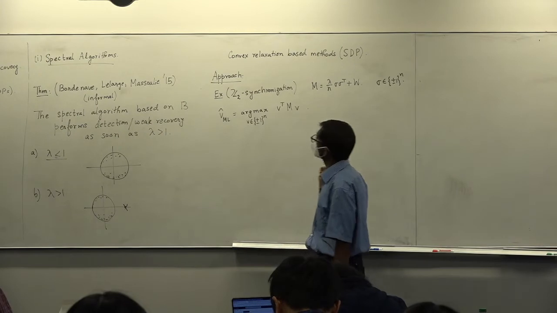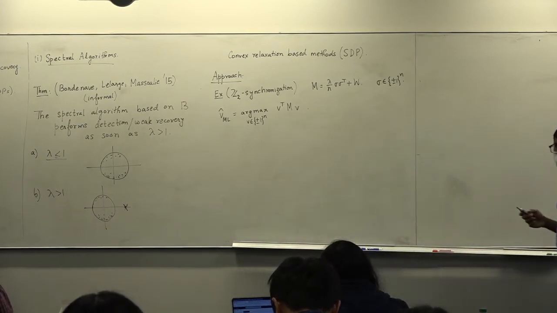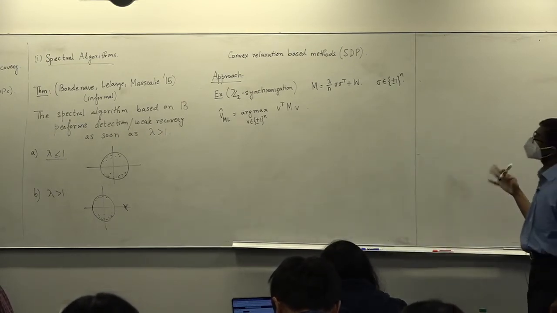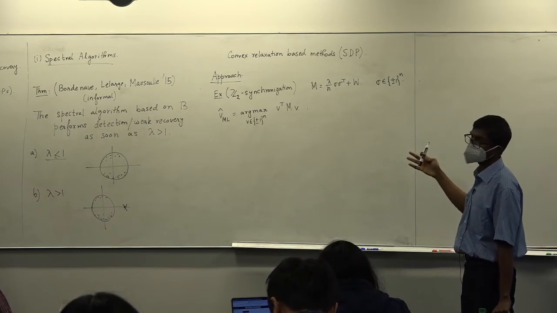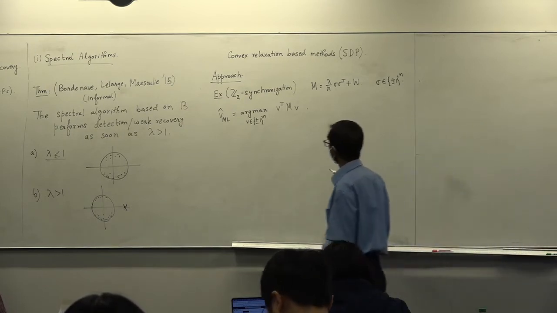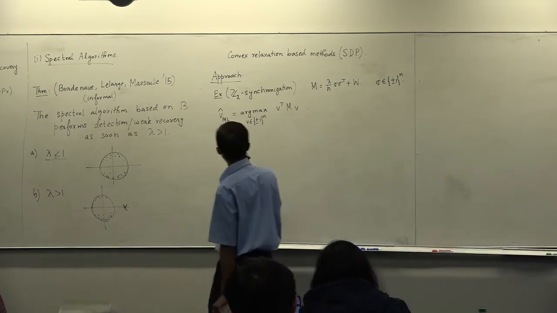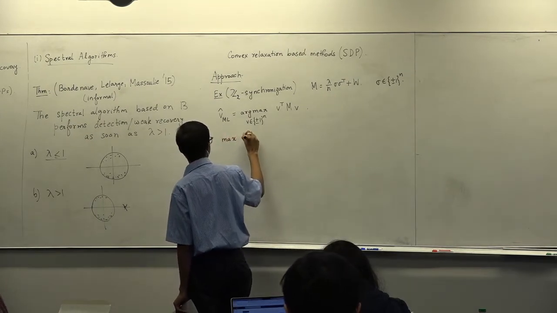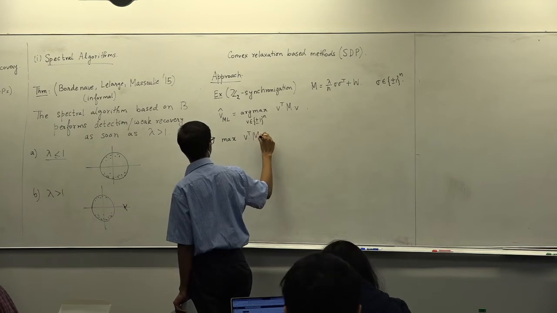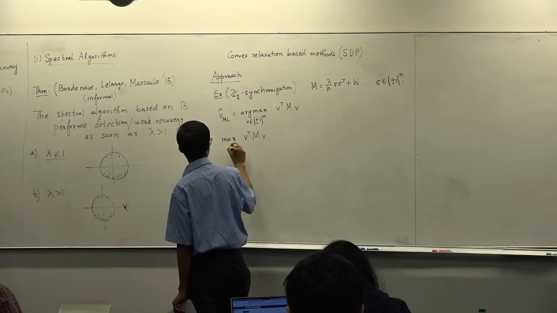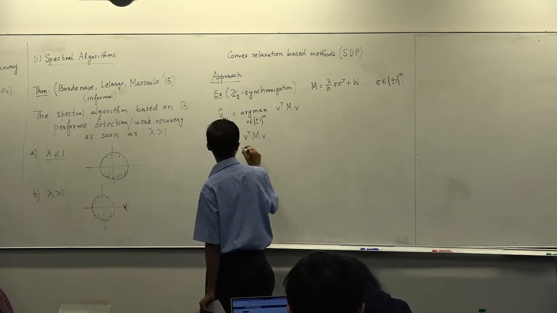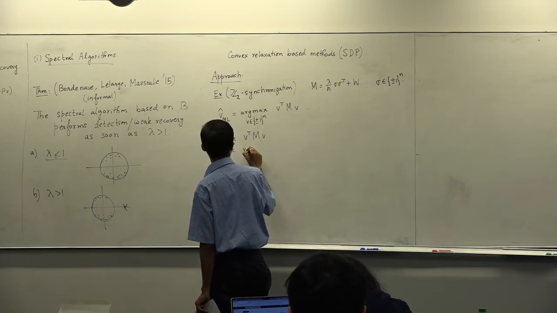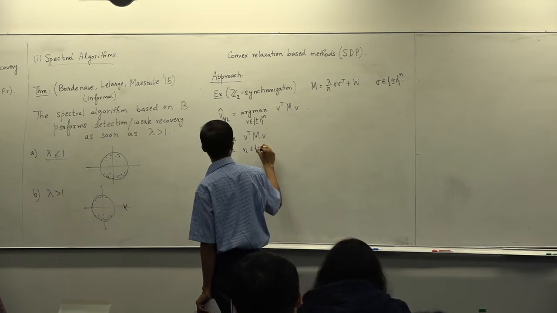So you can say, okay, I can try to come up with an alternative estimator that I get by a convex relaxation of this problem. So what do we do? I'm basically looking at this problem where I'm trying to maximize V transpose MV subject to the constraint that Vi is in plus or minus 1.